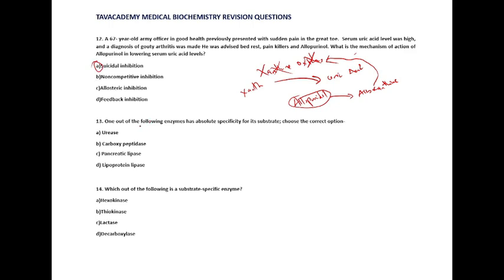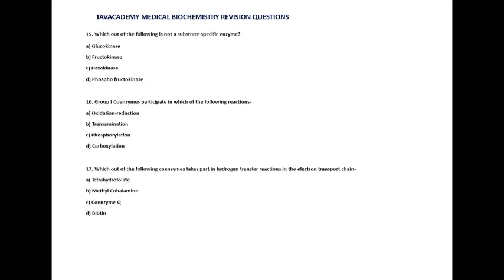Question 13. One of the following enzymes has absolute specificity for its substrate. Choose the correct option. Urease is the enzyme that has absolute specificity for its substrate. Which of the following is a substrate specific enzyme? Lactase is the answer. Question 15.